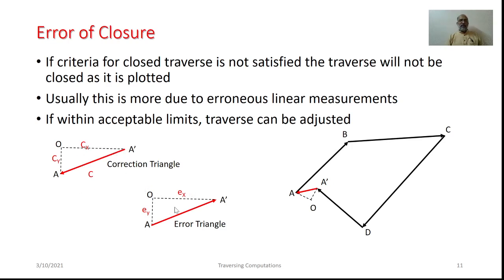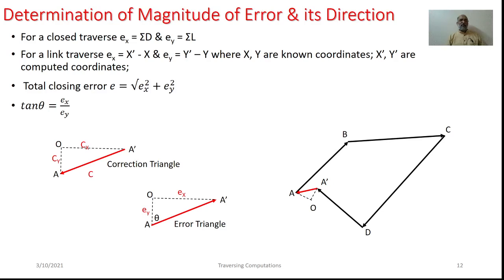So, as we consider this particular EX, EY, we will be able to compute the sum. Here, for a closed traverse, that EX should be nothing but the summation of the departures, as well as this EY should be nothing but the summation of the latitudes.